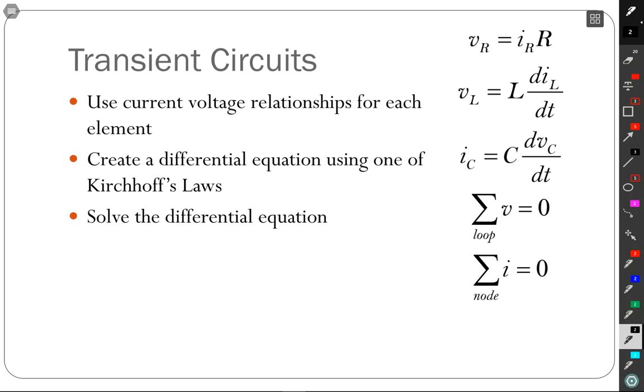A transient circuit is moving about, but it's not exactly the same, because transient doesn't imply homeless. It means it's going from one state, or one home, to another state. So it's only doing a process. Our transient circuits are always going to have a starting condition and an ending condition, and we're going to calculate how it goes between them.